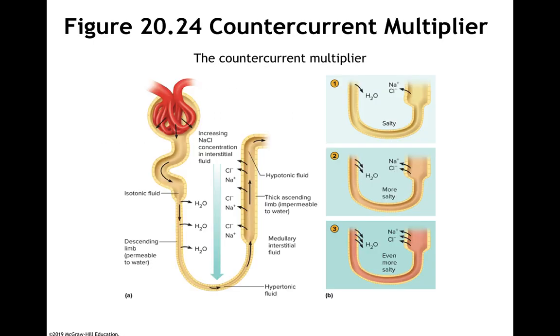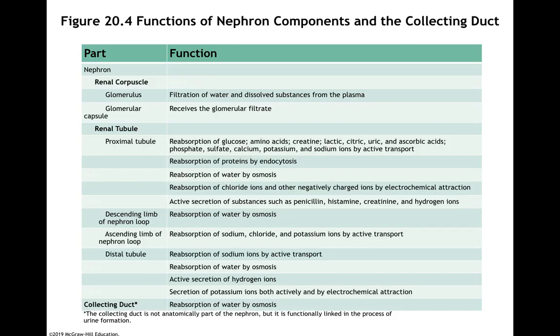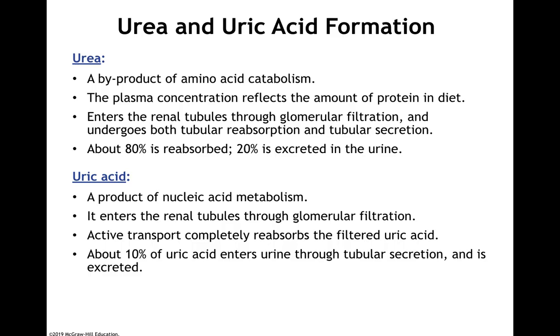So this one walks you through the countercurrent multiplier. If you know anything about a heat pump in a home, that is a countercurrent multiplier. And again, table 20.4 should walk you through each of those structures and how they work.